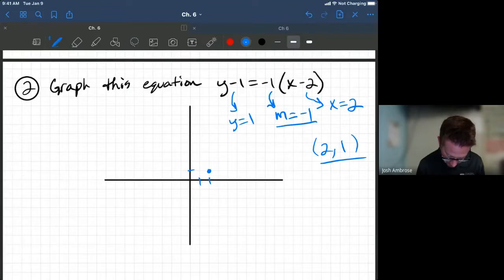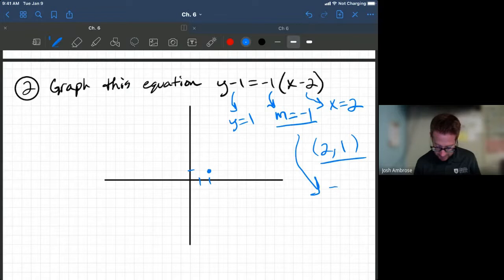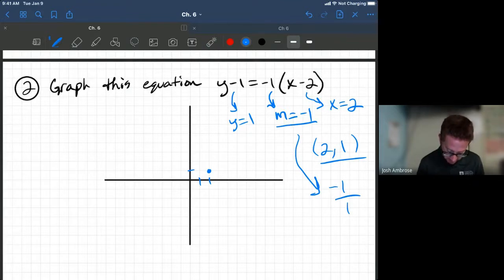All right, we are right there. And then the slope is a -1, but don't forget it's really -1 over 1 because slope is always rise over run. You have to show both. So that means we go down 1, right 1.